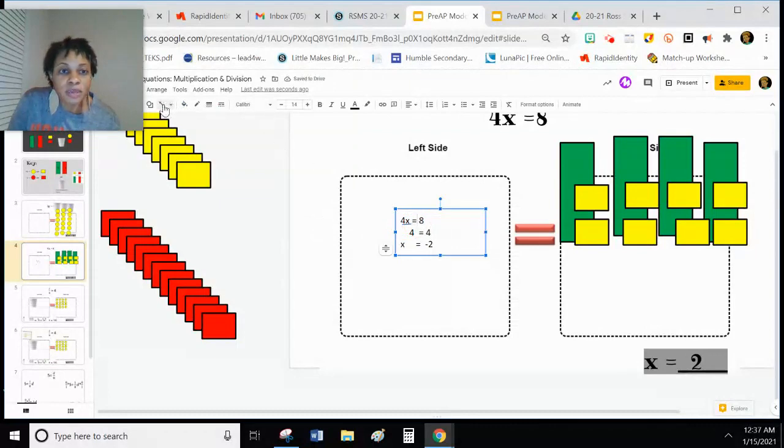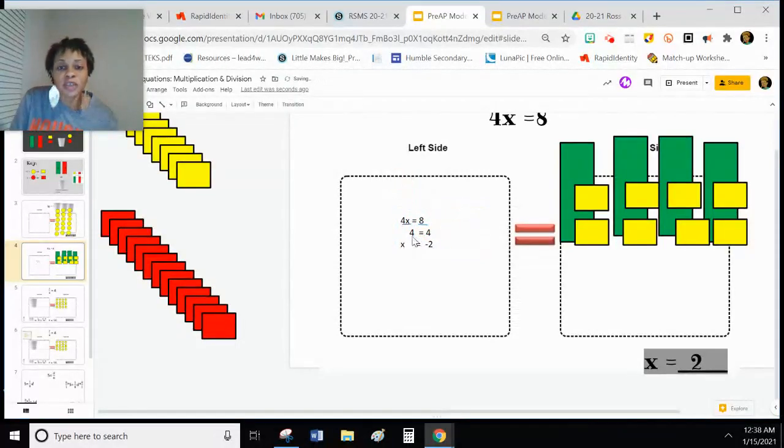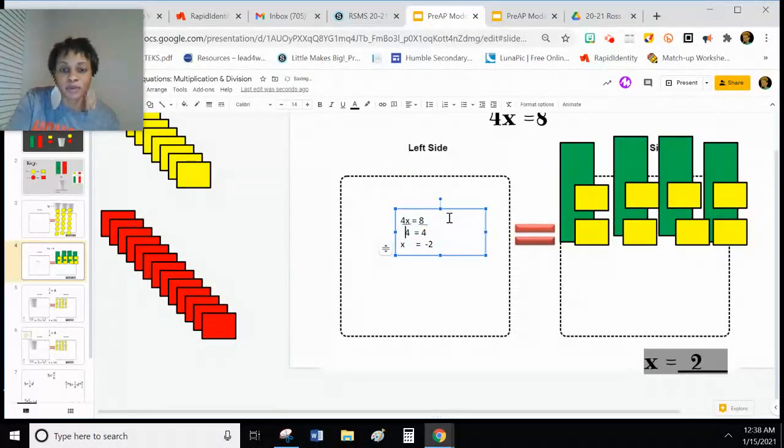I'm going to draw it on each side. Sorry, those are not straight. So I'm going to divide both sides by 4, and I'll move my 4 over so it's a little bit better. Then 4 divided by 4 would leave me with just 1x, and 8 divided by 4 would leave me with 2.